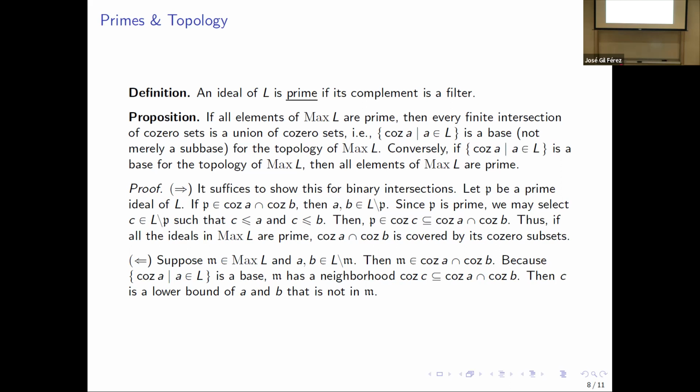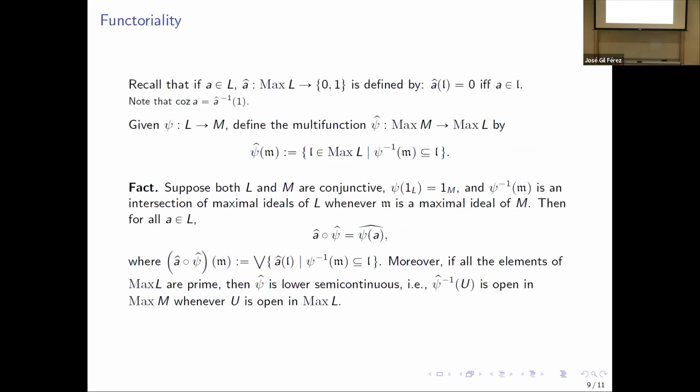That is, if and only if every open set in the representation space is a union of co-zero sets. You don't have to take intersections. And this is the first hint that primeness is a very interesting and powerful feature.